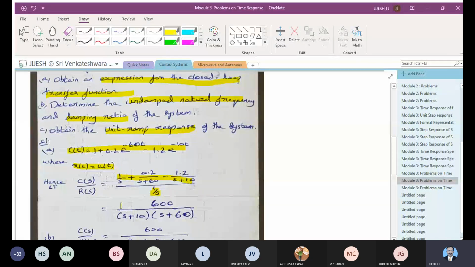That is important, so you need to simplify it. One or two steps may come in between. When you simplify that, you will get 600 divided by (s+10)(s+60).